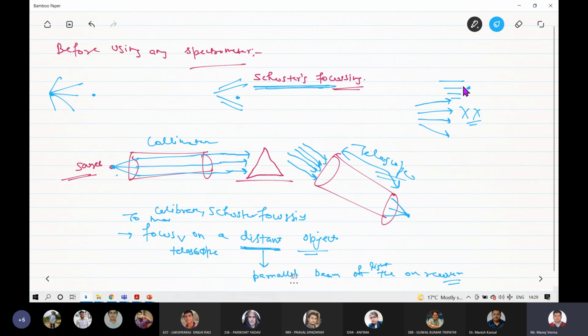So to find out the exact length we will require to convert these parallel beams into a point object, we will direct this telescope on a distant object. All these types of settings are called Schuster focusing, and this is your homework. You have to read about this Schuster focusing. There are some more steps to do this.